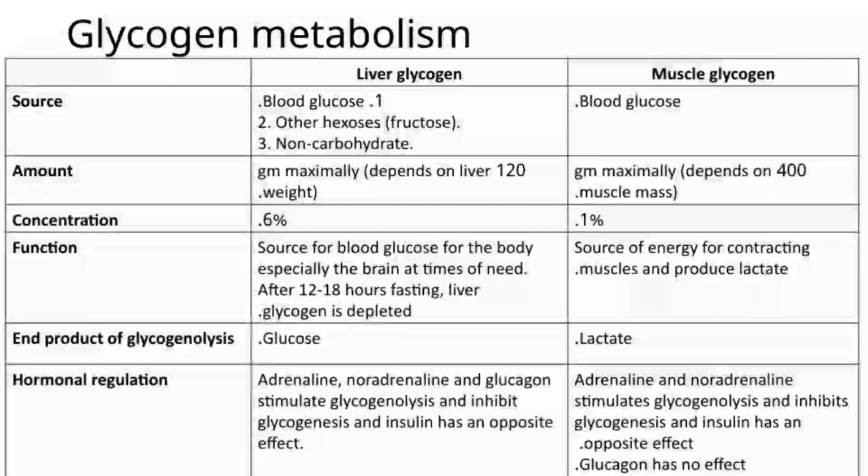Interestingly, glucagon does not have a significant effect on muscle glycogen metabolism, only affecting the liver. So, overall, glycogen metabolism is tightly regulated by these hormones to ensure energy availability matches the body's needs, whether for maintaining blood glucose or powering muscle activity.